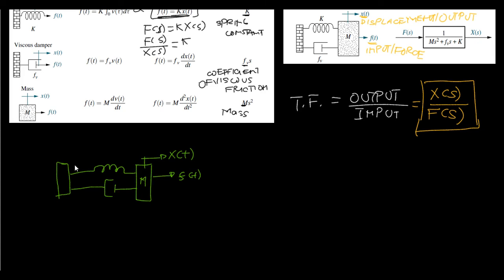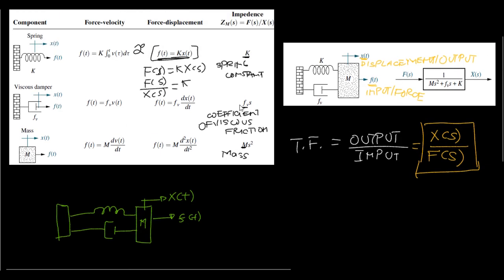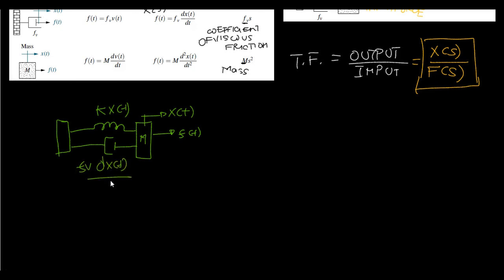Okay, so mag-summation tayo ng force. Sa spring, ano ba yung force na ina-apply? Dito tayo mag-re-rely sa table. Kx of t, and for the damper, Fv dx of t over dt. Okay? And for the mass, papaganon din, papunta sa left: m d squared x of t over dt squared.